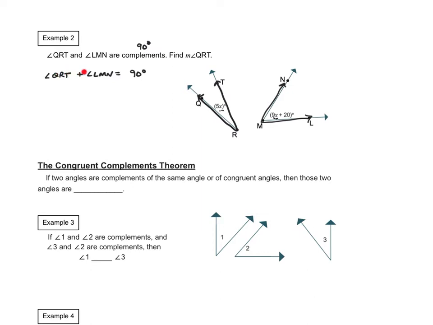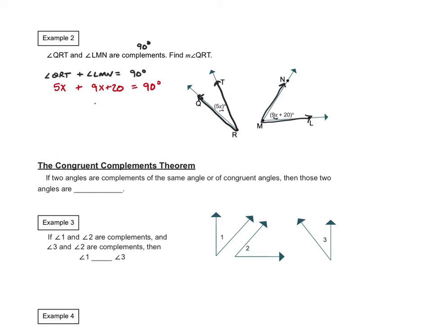Again, I created the equation using my definition. Now I'm going to do some substitution. QRT is going to be 5x. LMN is going to be 9x plus 20. That is going to equal 90 degrees.